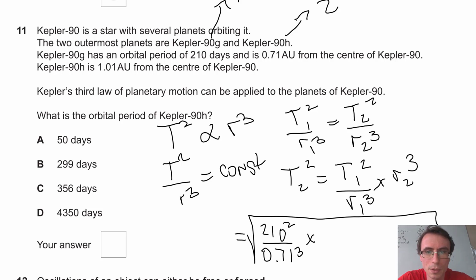Where is the orbital distance? 1.1. Okay, multiply by 1.1 cubed.